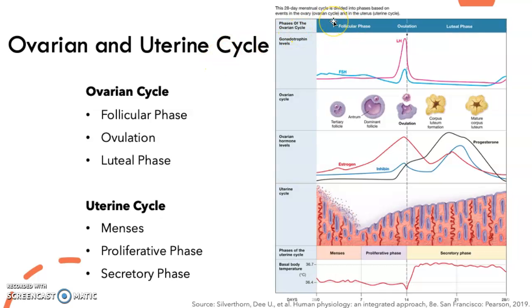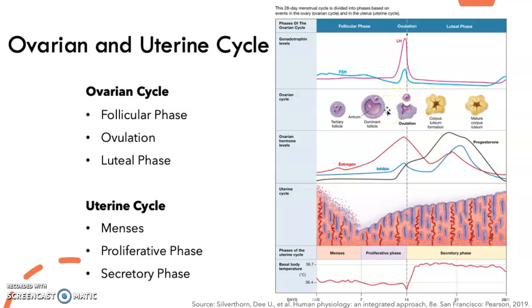So first we'll discuss the ovarian cycle, and this is during a 28-day menstrual cycle. We begin with the follicular phase, and this is where the follicle is developing. You can see that right here. And then we have ovulation, which is where the follicle will release the egg.